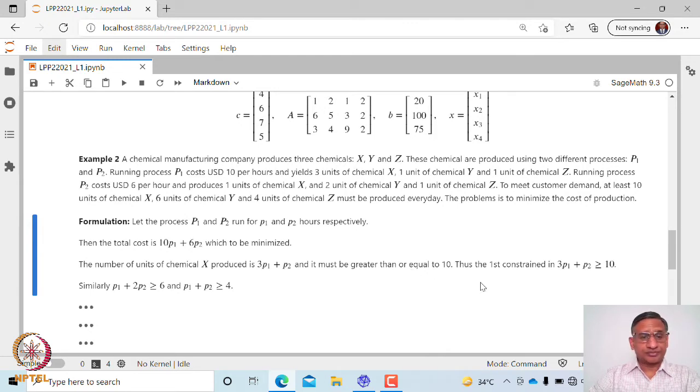Similarly, the second constraint will be p1 plus 2p2 greater than or equal to 6, and the third constraint, for the third chemical, should be p1 plus p2 greater than or equal to 4. So these three constraints come from the number of units that are produced by each of these processes P1 and P2.